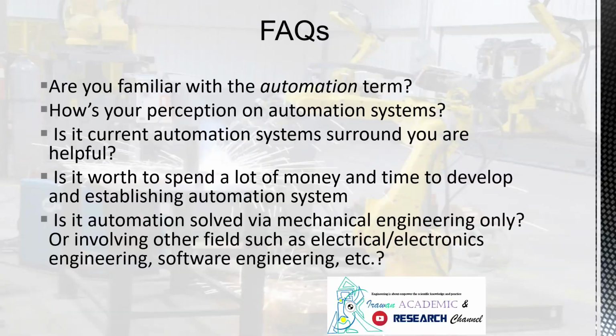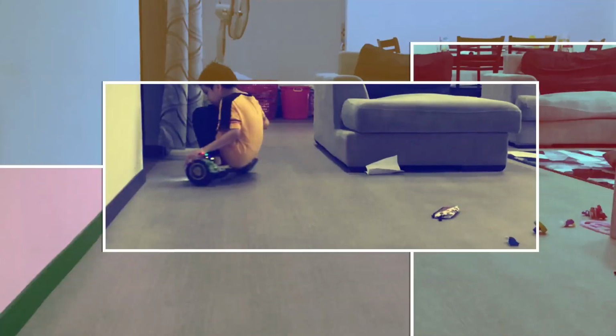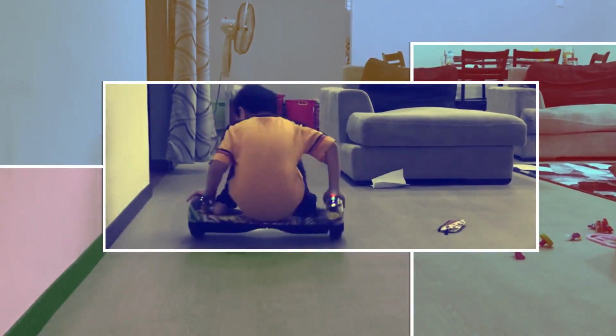Okay, before we go further into industrial automations, I want to bring you to the terms first. Is this term of automation familiar to you? I think in the current age the automation term is quite normal, because current technologies are very advanced and automation elements are everywhere.